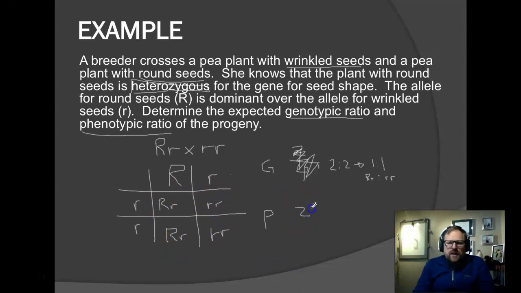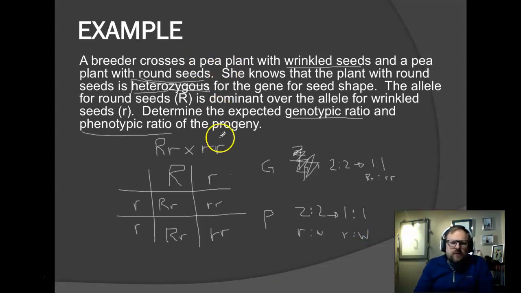So we would again have a 2:2 ratio of round to wrinkled. But it would be better to reduce the ratio down to 1:1 round to wrinkled. I hope that makes sense.